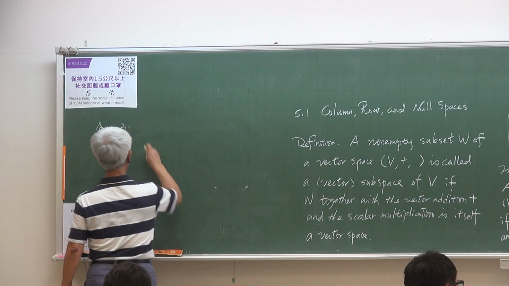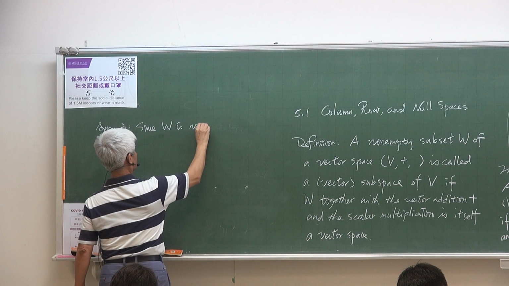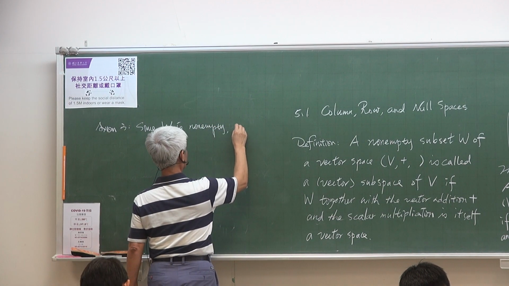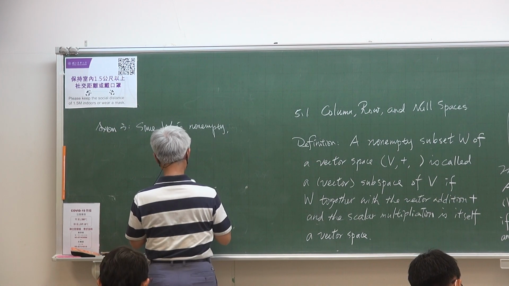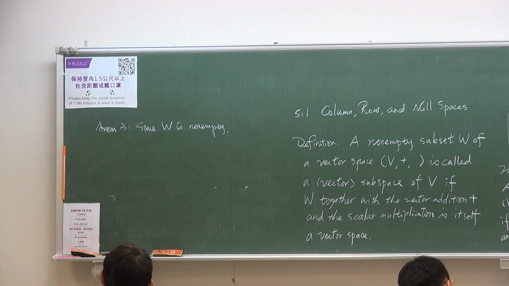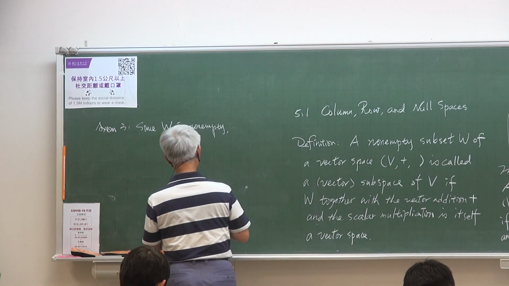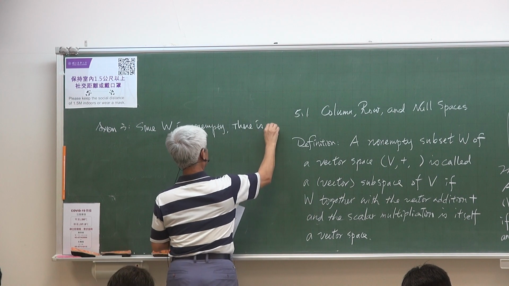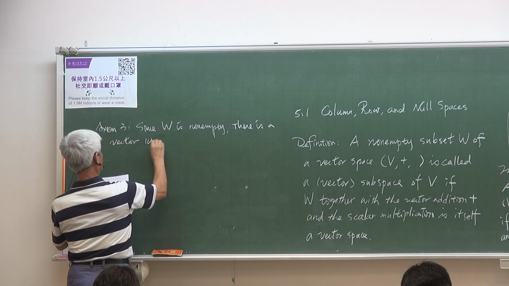Alright, since W is not empty, right? It's not empty, and so there is a vector, say u in W.